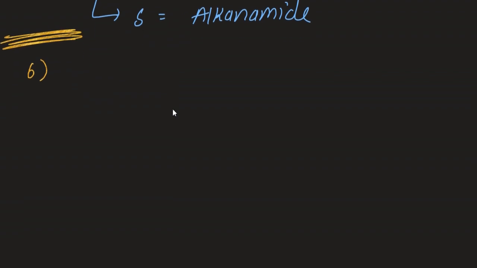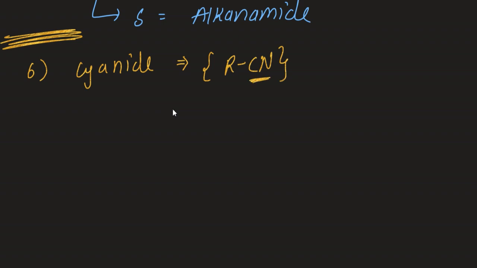Now in the second part, can I say cyanide and isocyanide? Right? So next one is cyanide. Okay. So how does cyanide look? RCN. CN is acting as what? Cyanide. Okay.